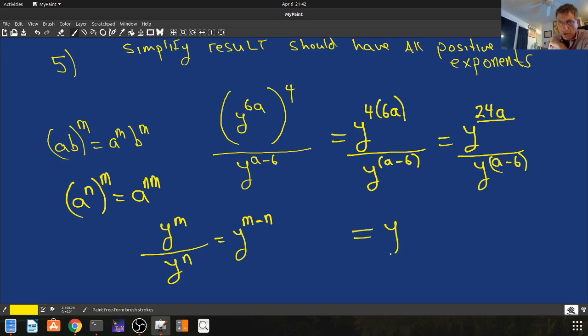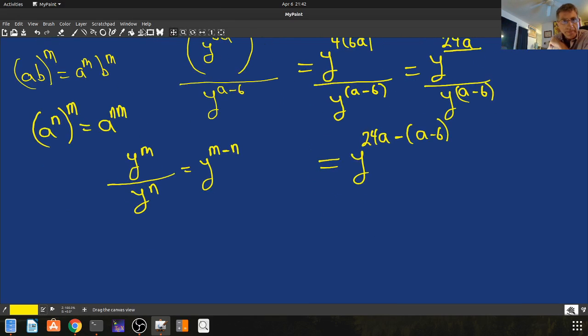So this is equal to y to the 24a minus (a minus 6), which can be rewritten as y to the 24a minus a plus 6, which is equal to y to the 23a plus 6, and that's the answer.